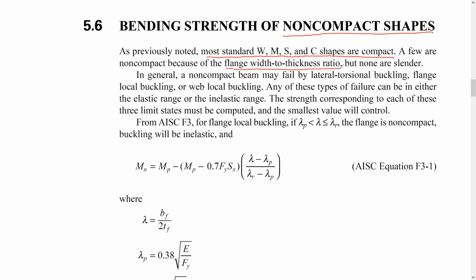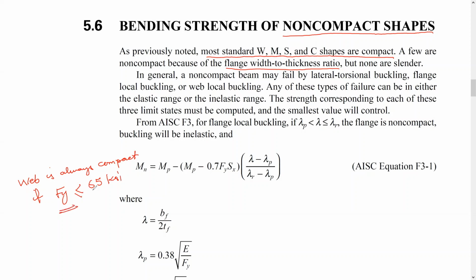If you remember, for these standard shapes, the web is always compact if Fy is less than or equal to 65 ksi. Fy is the yield stress.